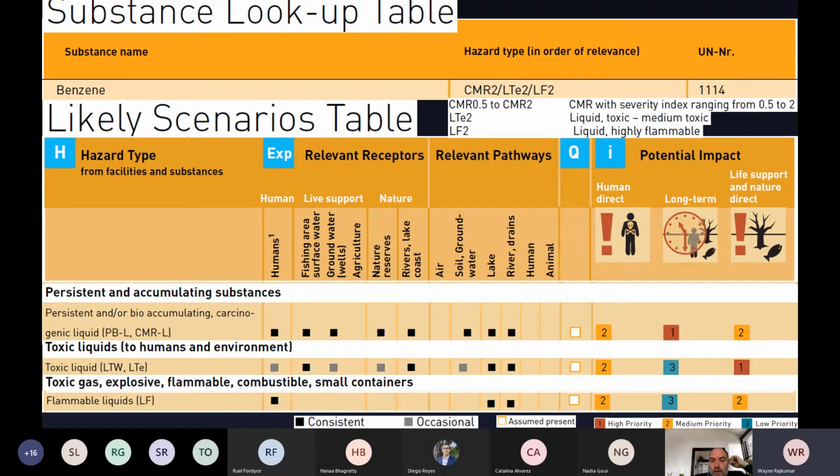I'm seeing it there, but maybe some sort of notation to guide you to that specific section, because it's classified as a toxic substance.